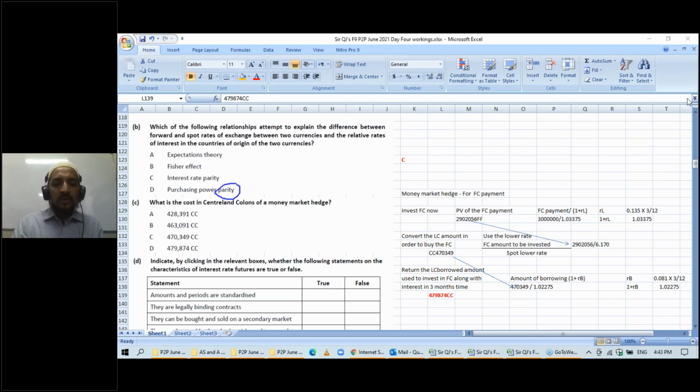Okay, there is a question from Adolfo: why are we using the lower rate? We are using the lower rate because you have the local currency amount in your hands. You will take it to the foreign currency dealer and place it on his counter. So he will be receiving local currency from you.